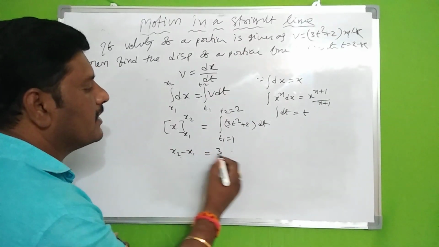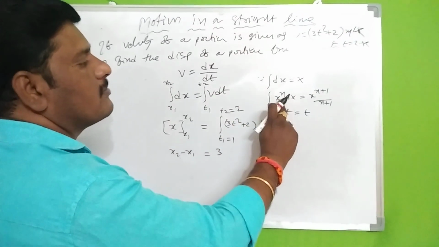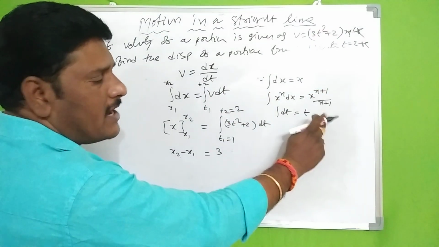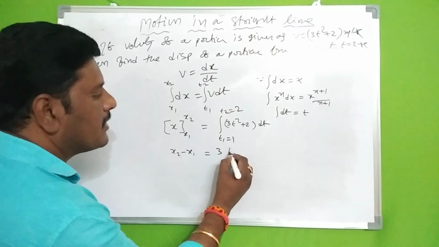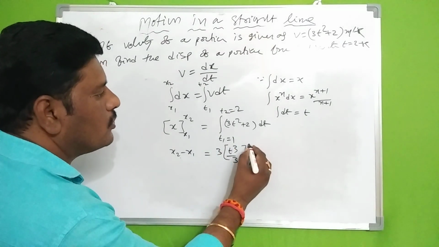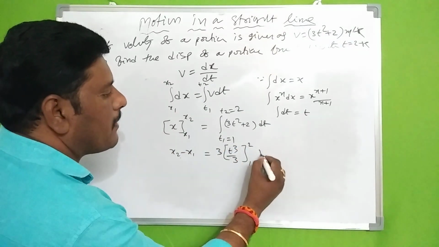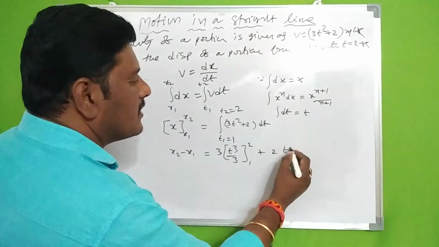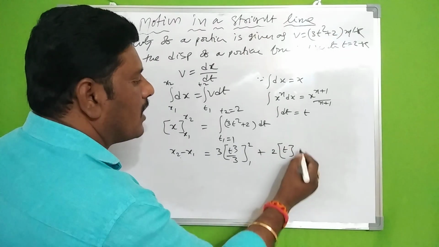So 3t square is in the form of x power n dx, x power n plus 1 by n plus 1. We can write t cube by 3, and limits are applied 1 to 2, plus 2 into integration dt is nothing but t, with limits also 1 to 2.